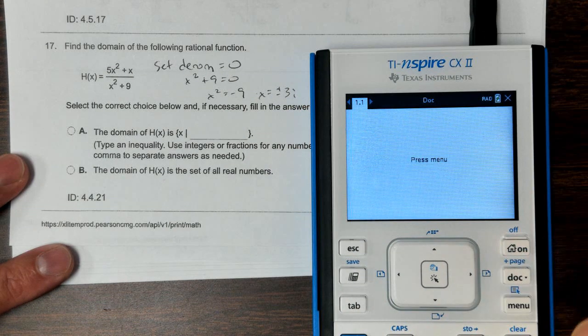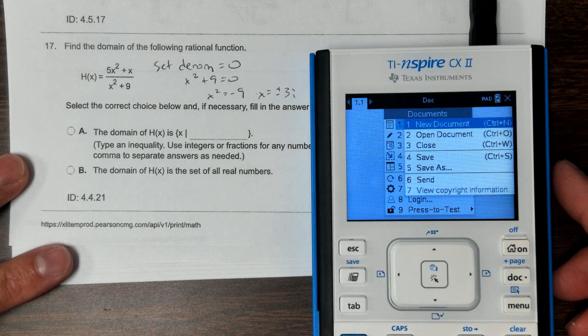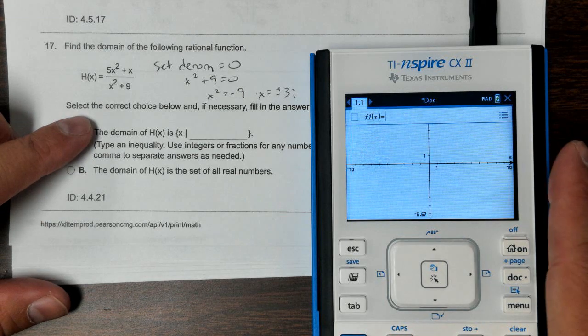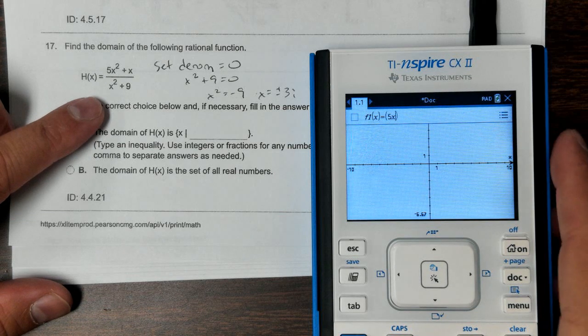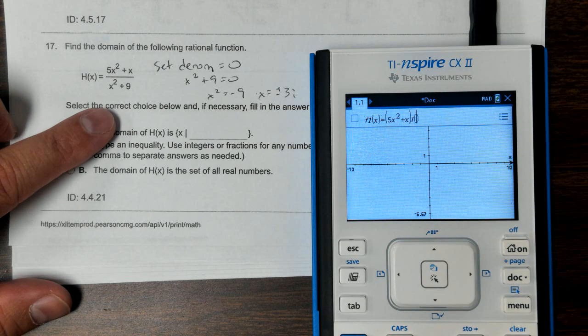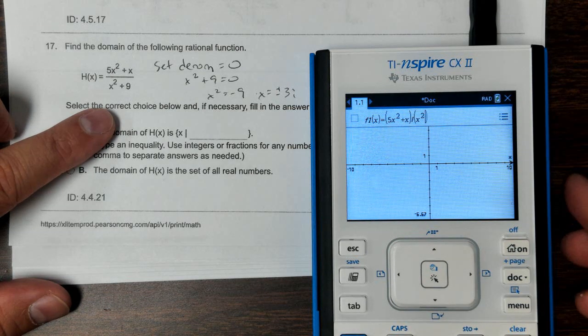So what I do is new document, add graph, and then we have 5x squared plus x in my numerator, and then my denominator has x squared plus 9.